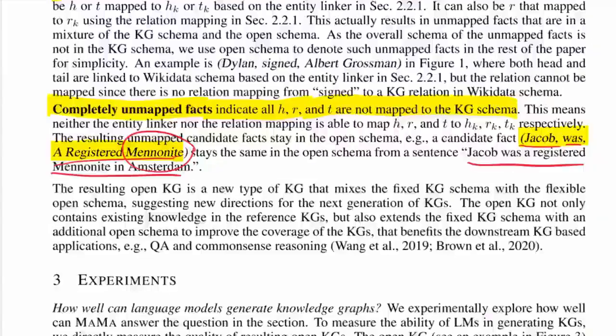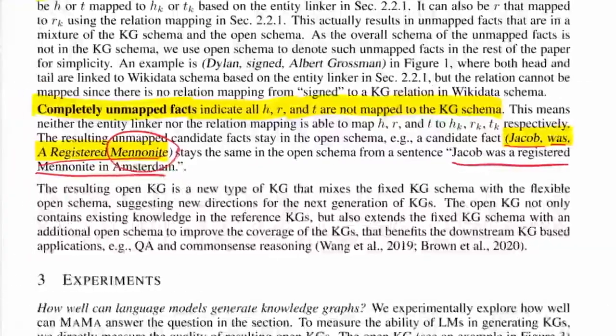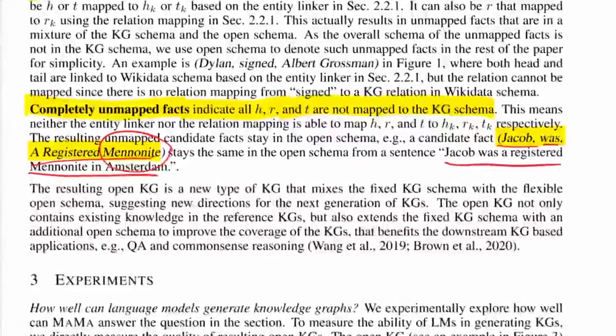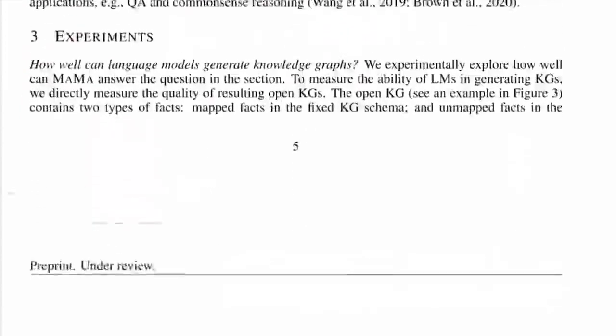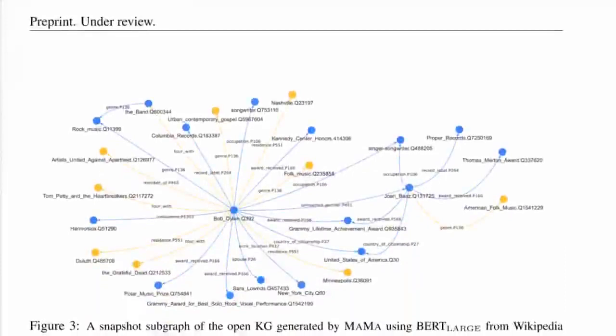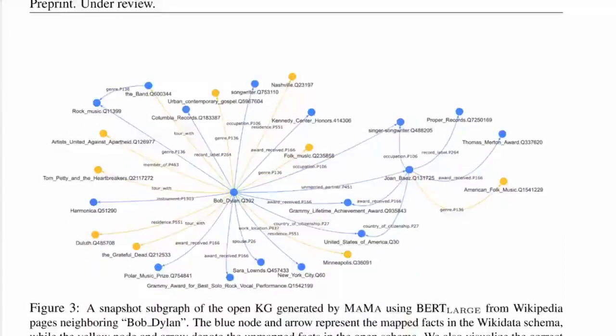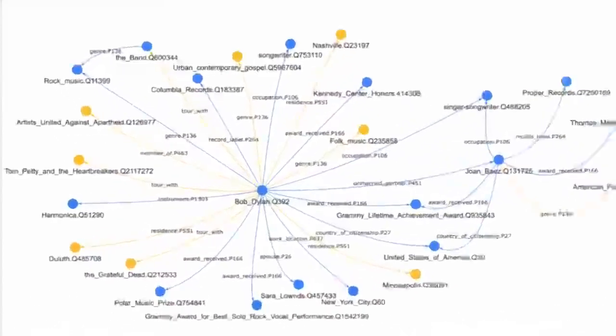We don't know who Jacob is. But this seems more like a failure of the entity linker and relation linker than an uncovered new relation or an uncovered new entity. So yeah, take this stuff with a grain of salt. Now they are very honest about this, but just to say that that's probably what happens most often.